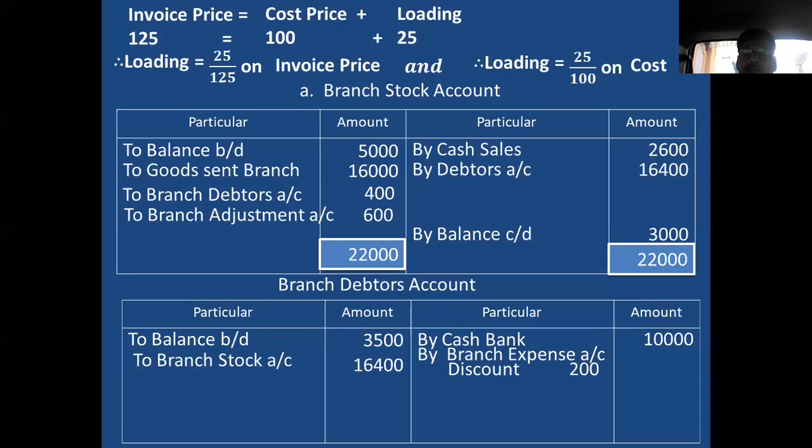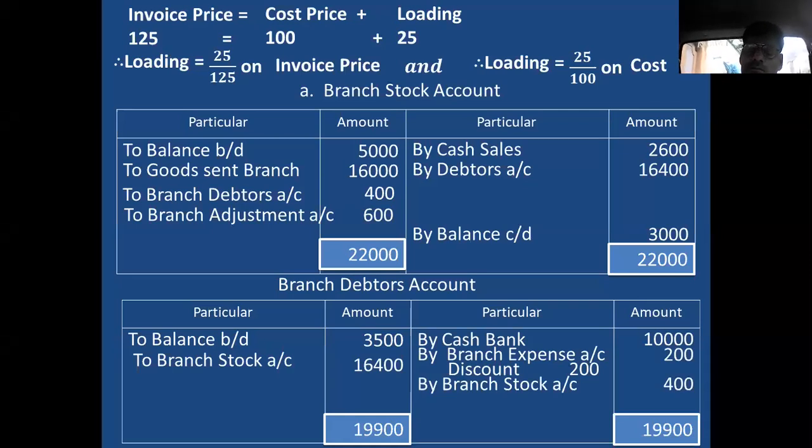Then branch stock account, return by customer, sales return, 400. Then close the account and ascertain the balance. Total is 19,900, and the difference is 9,300. 9,300 is the closing balance.